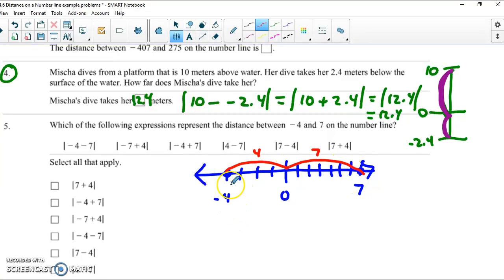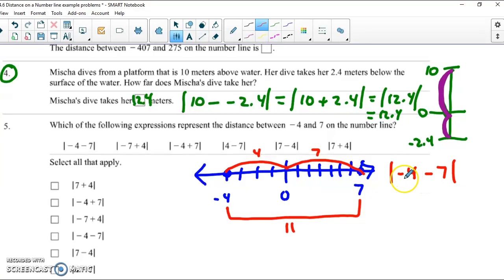Okay, so those are 11 units apart, right? But let's think about how to show this using our absolute value to demonstrate this distance. So I could take these two numbers in my absolute value bars and I could say, okay, -4 minus 7 and take the absolute value. So let's use my integer rules.